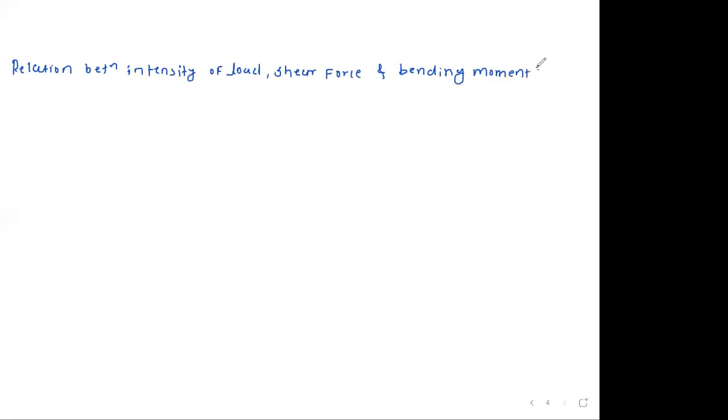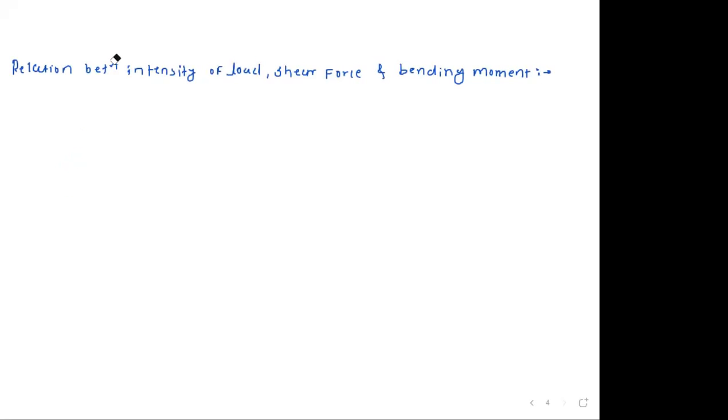So we have to see what is the relation between intensity of load, shear force, and bending moment diagrams. Up till now we have discussed that a load is given, and due to this shear force and bending moment will come. But now we will see exactly what is the relation between intensity of load, shear force, and bending moment.